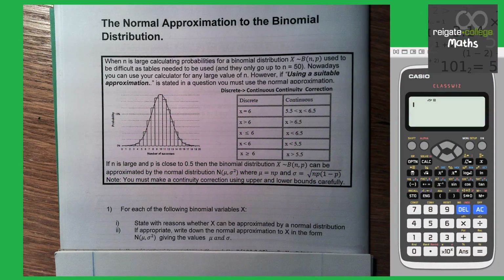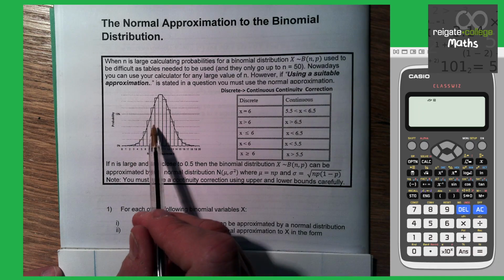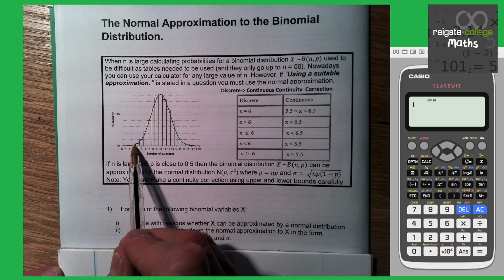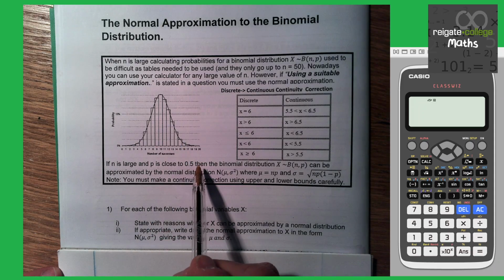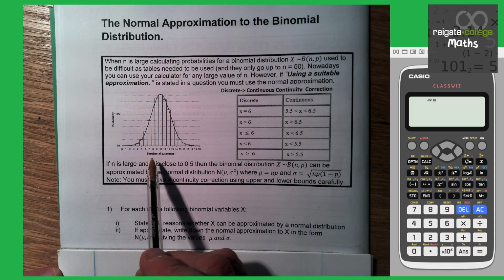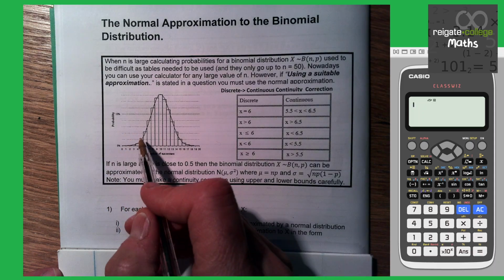So you'll have seen this bar chart of binomial probabilities, and you've seen the bell curve of a normal distribution, and you can see that they are approximately the same size and shape.